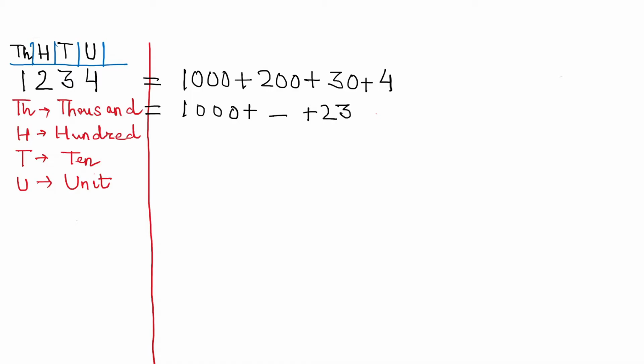In that case, this becomes 230 plus 4. So as of now, there is a single place which is vacant. So now let's say vacant, another vacant place followed by 234. So there are two places which are vacant.